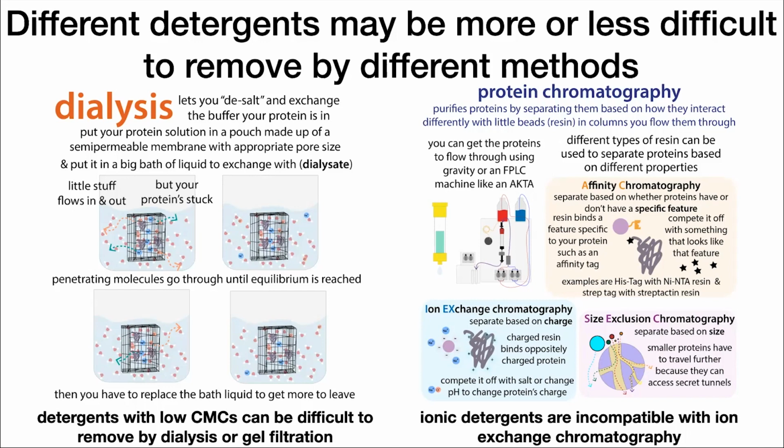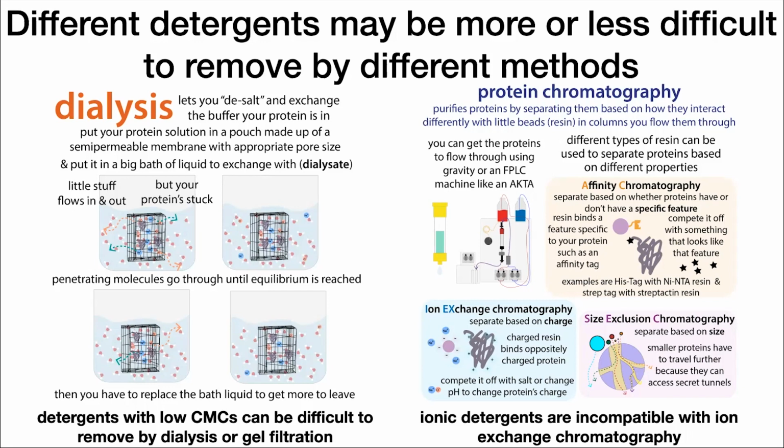For a method where you're relying on the proteins binding to something, such as a chromatography method like ion exchange chromatography, this is going to work by binding proteins based on charge. And you don't want to use this if you're using an ionic detergent because the ionic detergent is going to bind to that ion exchange resin as well. And this is going to make it so that you can't remove the detergent in this way.